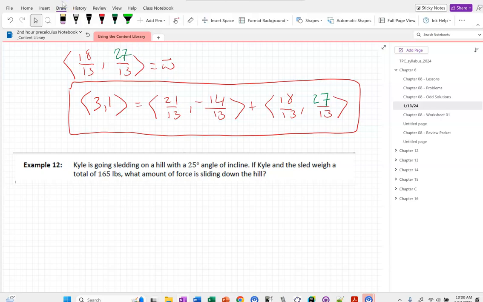So what we want to find is we're basically going to be projecting the force of gravity onto the hill. So I want to find what portion of gravity is going in the same direction as the hill.